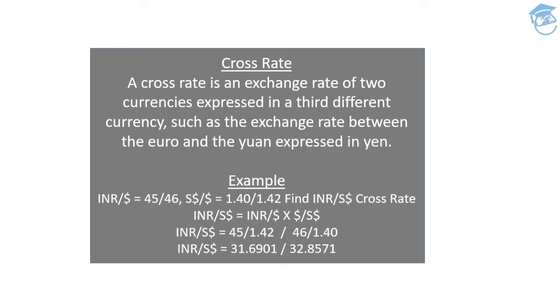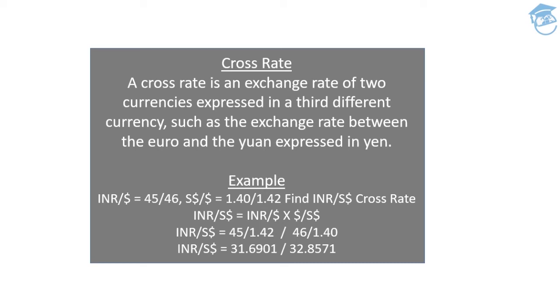Now, since we all know that the bid will always remain cheaper than the ask, the same will be 45 divided by 1.42, which comes out to be 31.6909. And that's how we can convert our Indian rupees directly into Singapore dollars without having a direct quote.